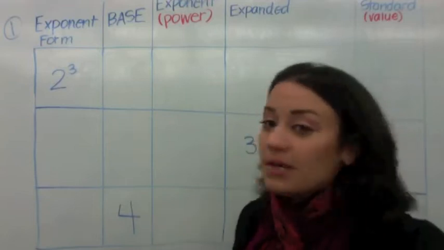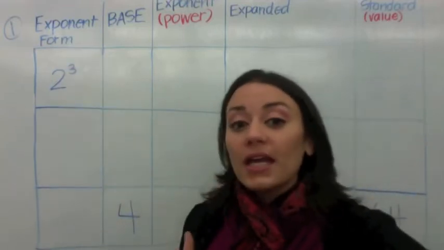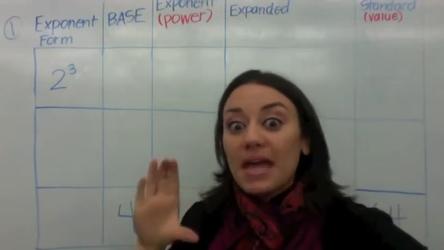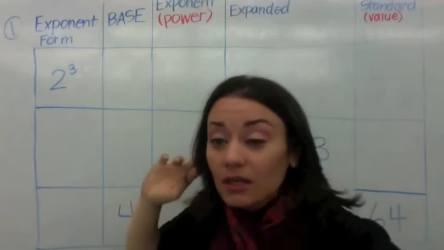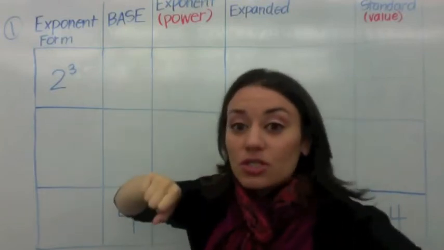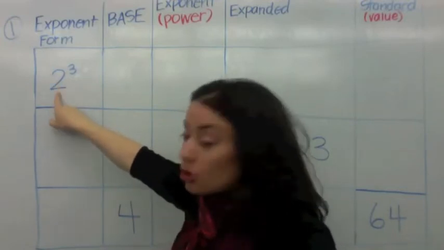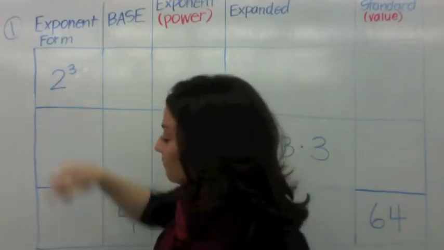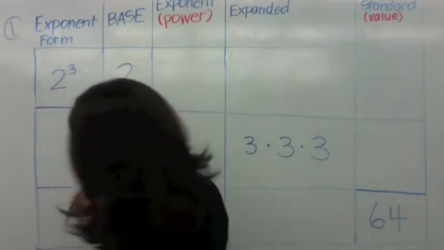Now, when you look at a number that's in exponent form, who remembers what the name of the big number is? The big number is called the base. And then we read this as 2. 2 is the base, right? And what is the power, or what is the exponent?